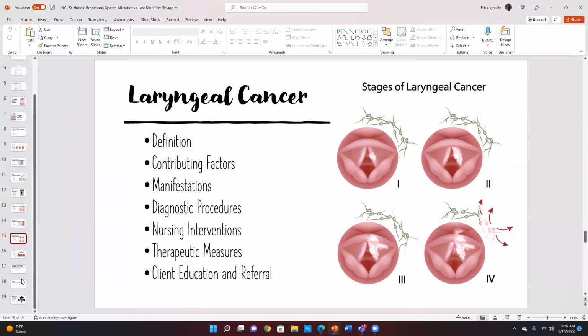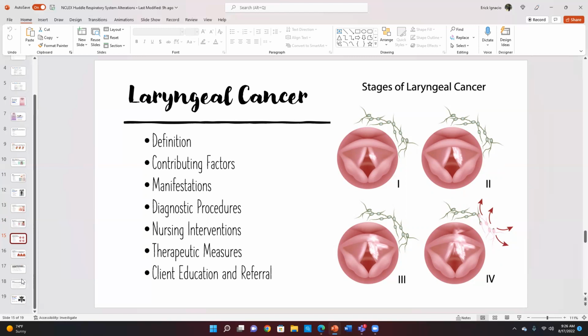Manifestations of laryngeal cancer: hoarseness extending longer than 2 weeks, dysphagia, dyspnea, cough, persistent sore throat, hard immobile lymph nodes, so hard immobile lymph nodes in the neck, weight loss, and anorexia.